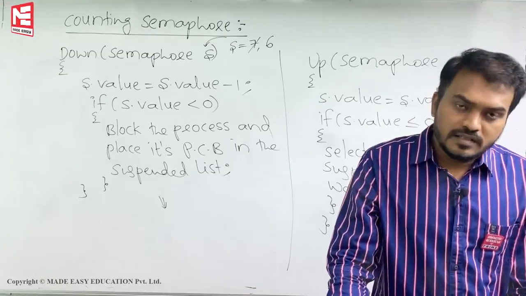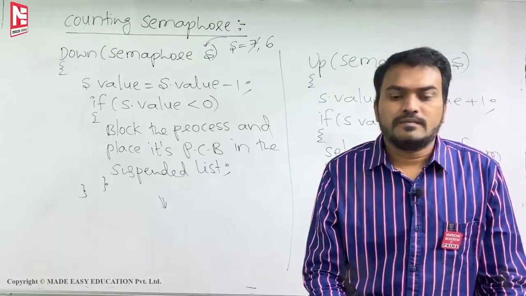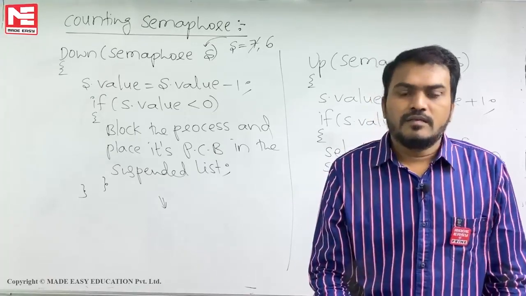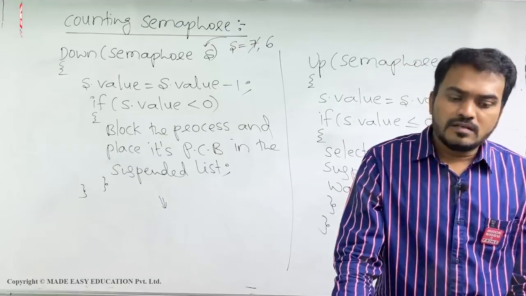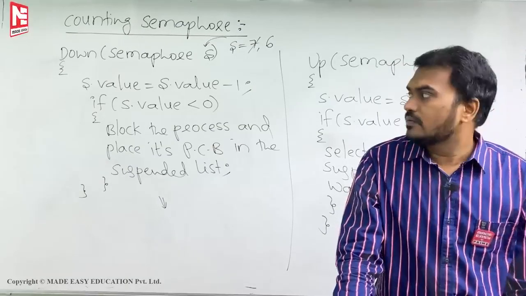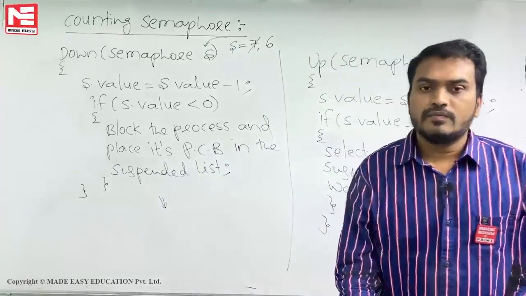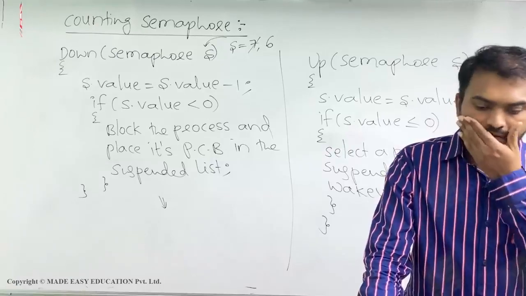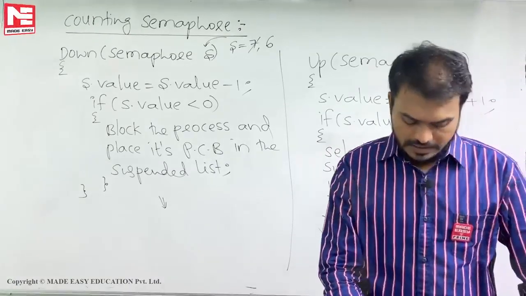Next point. If it is an unsuccessful down operation, then the process will not continue further execution. It will not continue further execution in the code.